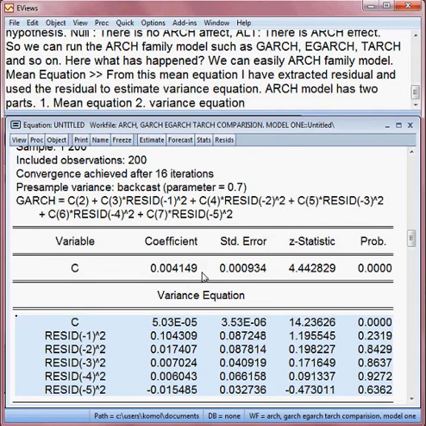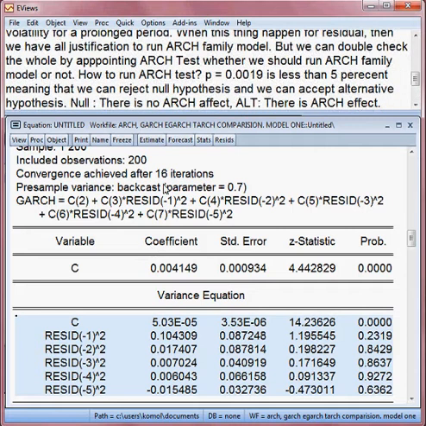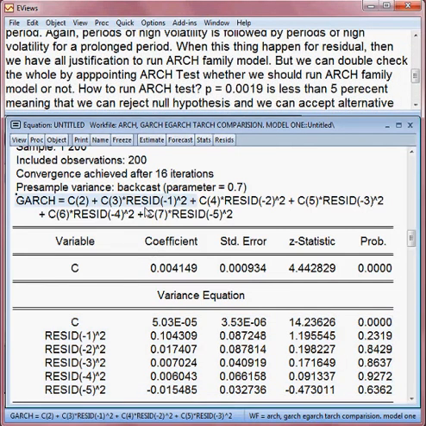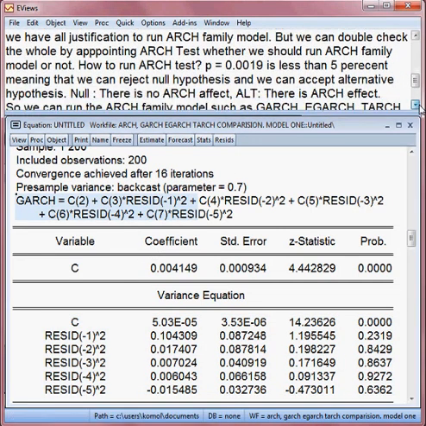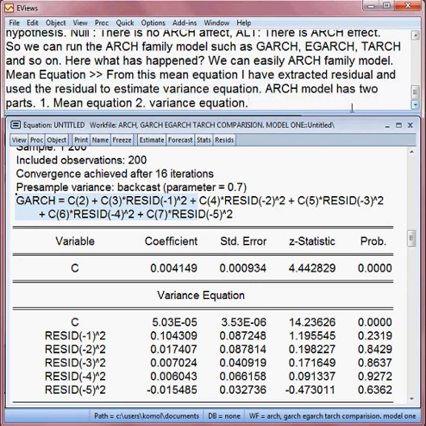Okay, so now the question is that this model of ours is actually an ARCH model, right? There are 5 ARCH terms, and here there is no GARCH.